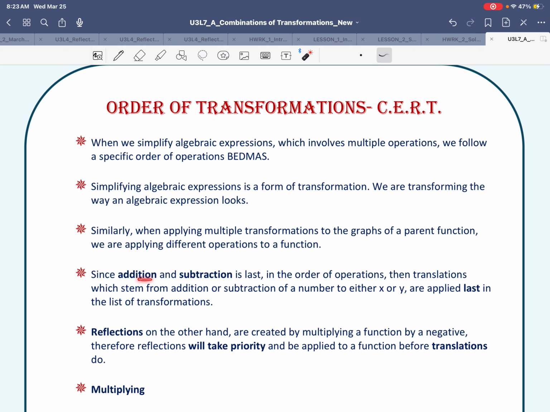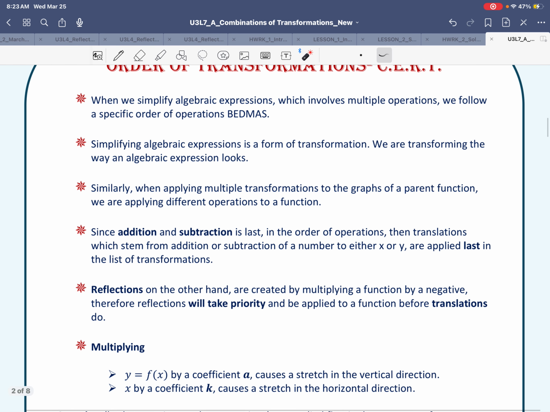Since addition and subtraction are last in the BADMAS order, translations, which stem from either addition or subtraction, will be applied last in the list of transformations. Reflections, on the other hand, which are created by multiplying a function by a negative, will take priority and will be applied to a function before the translations.